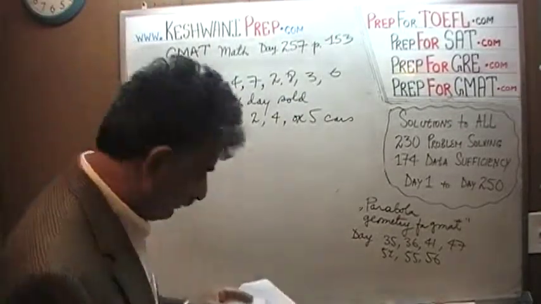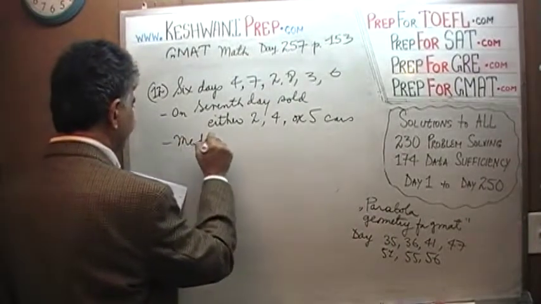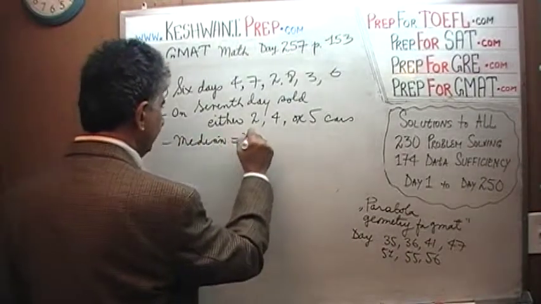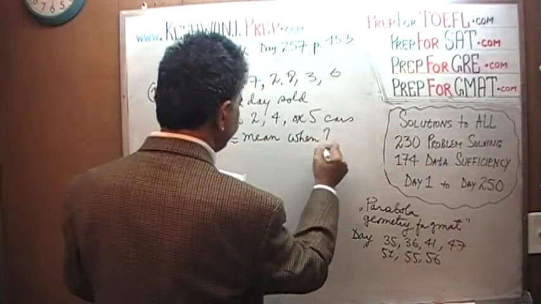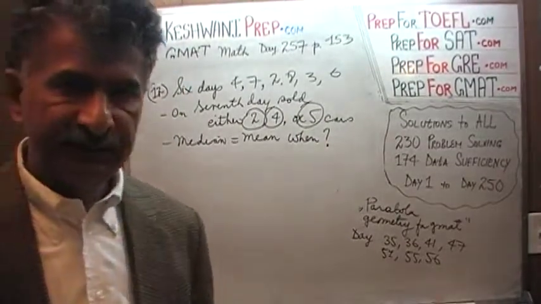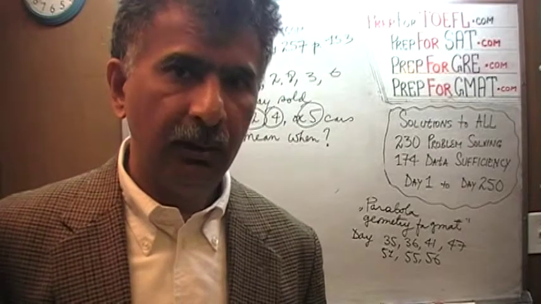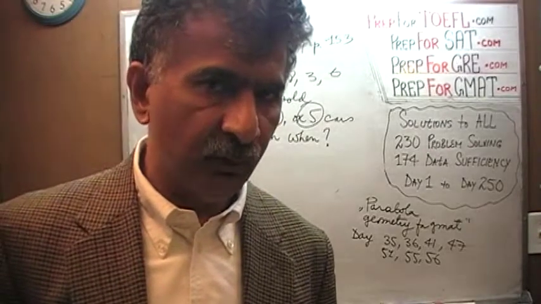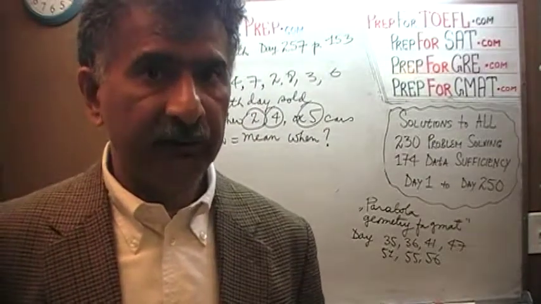The median is equal to the mean when it is 2 or 4 or 5 on the 7th day. How many cars must we have sold in order for the mean to be the same as the median for the 7 days that are listed here?